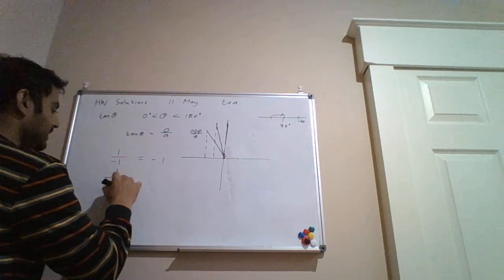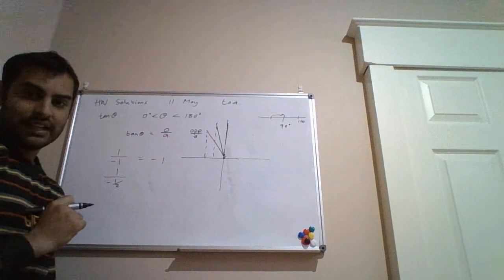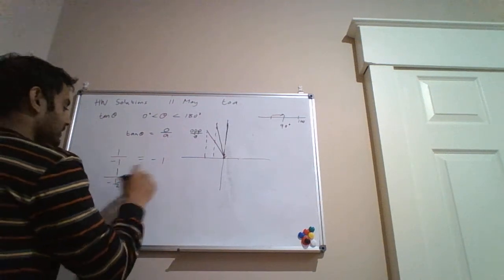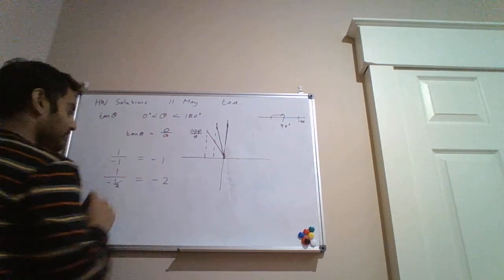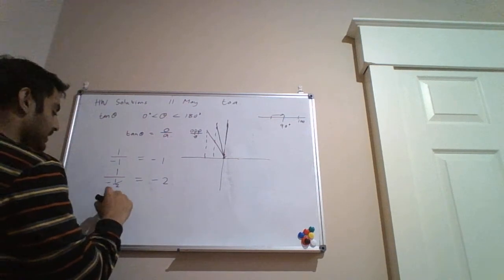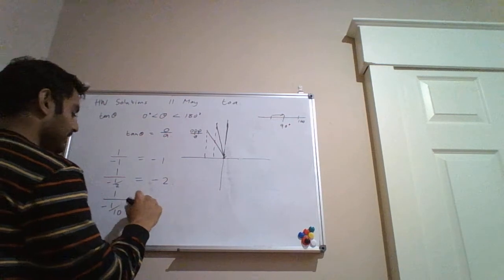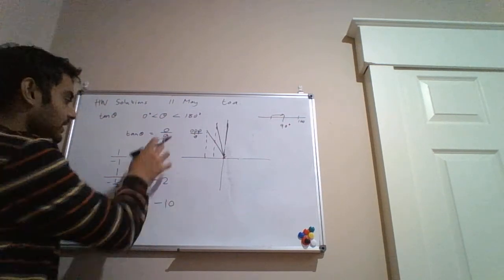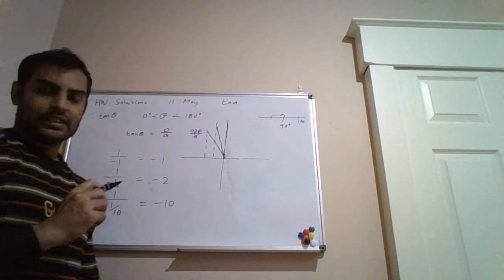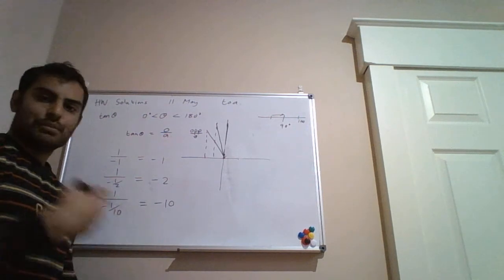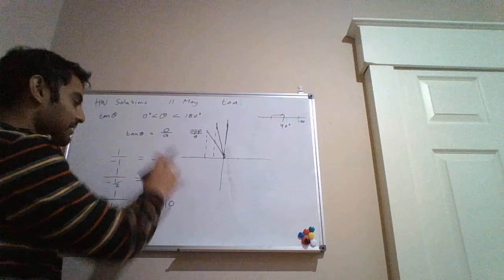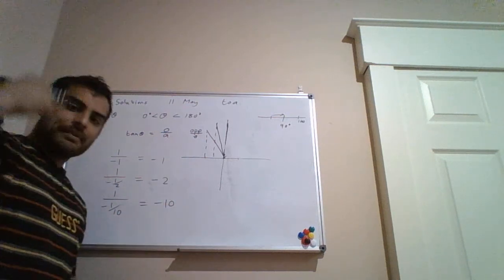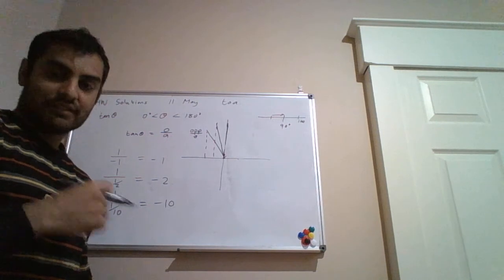So 1 divided by negative a half is negative 2. 1 over negative a tenth is negative 10. So we can see that overall the y values are getting more and more negative, getting bigger and bigger, but negative. So it's like the negative branch of the hyperbola.